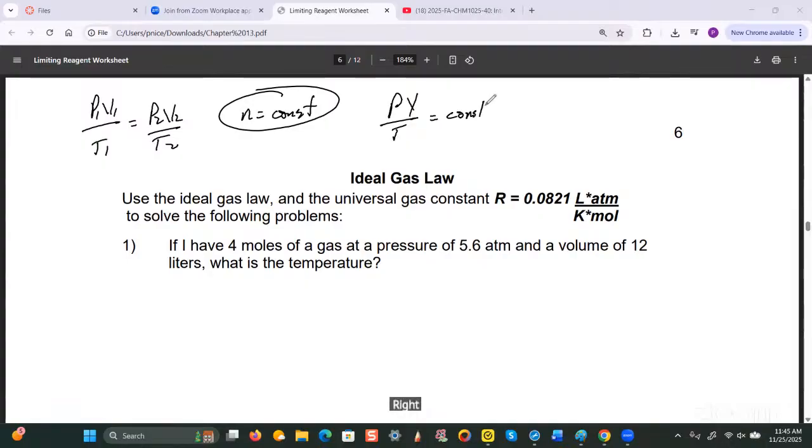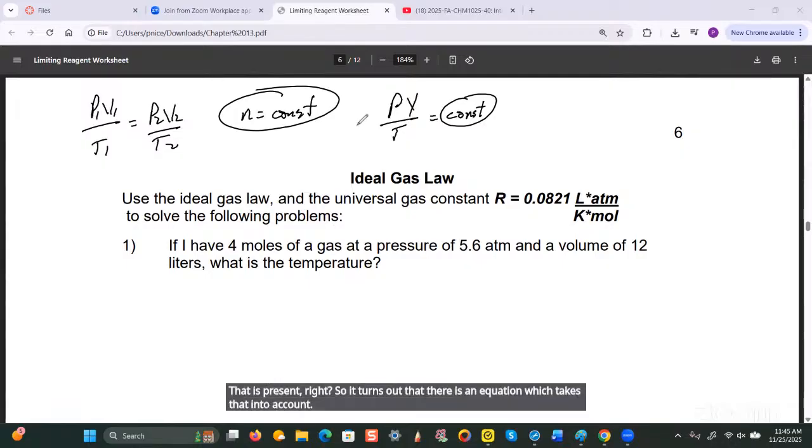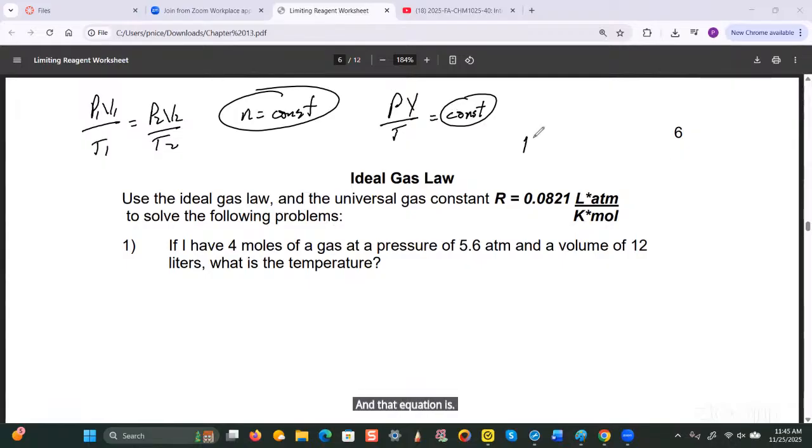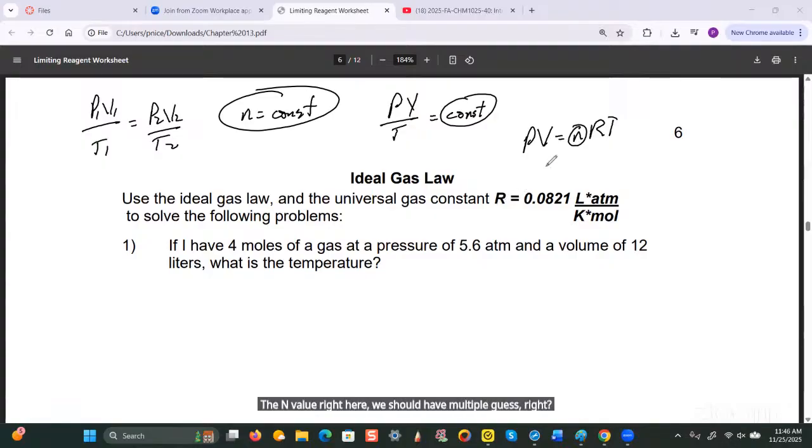And that constant would have to take into account the amount of gas that is present, right? So it turns out that there is an equation which takes that into account. And that equation is PV is equal to nRT. So it takes into account the n value right here, which is the amount of gas, right? So that's the relationship. This is called the ideal gas equation.